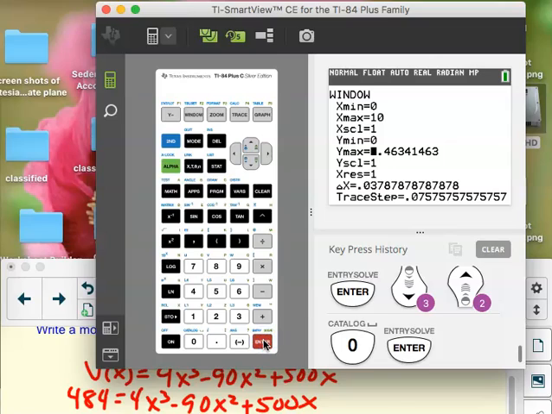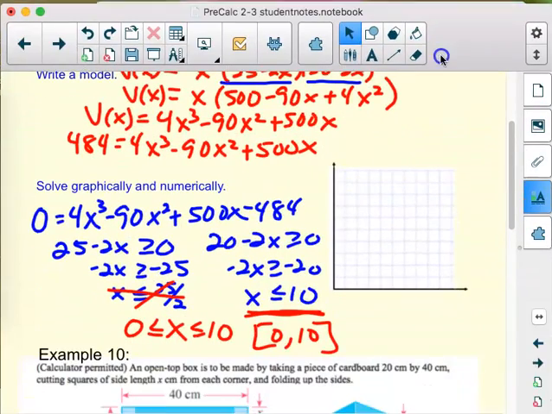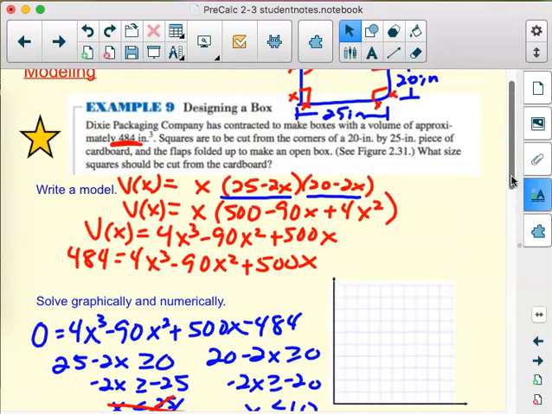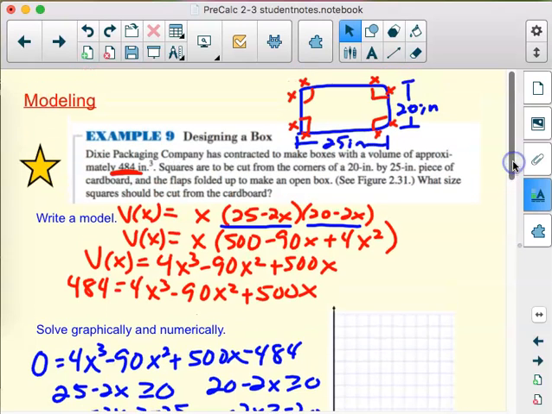But what you want to do is think, okay, if I have to pick the highest number this could possibly be, then maybe I'll just think along the lines of a little number like 1 up here. If x came out to be 1, and I took 1 times 20 times 25, that would give me 500.